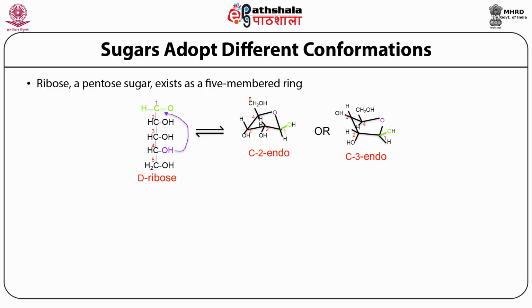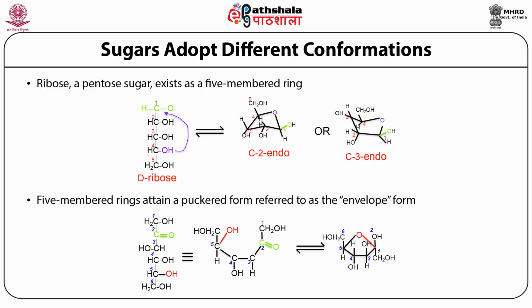But what we have represented here for simplification is just the beta form. The 5-membered ring forms can exist in the envelope form because if you look at the structure, it looks like an envelope.